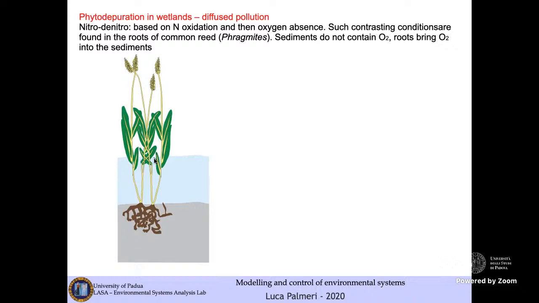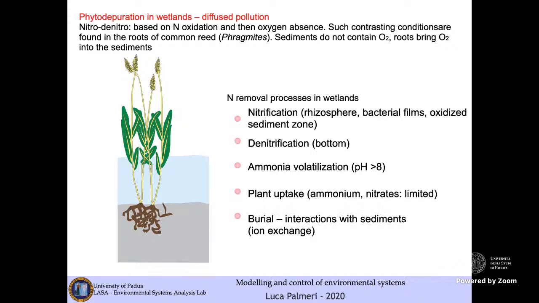And then the oxygen that is transported from the leaves of the plant. I remind you that in the leaves of the plant you have photosynthesis, and photosynthesis produces oxygen.